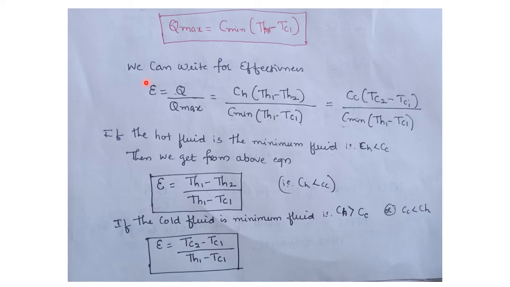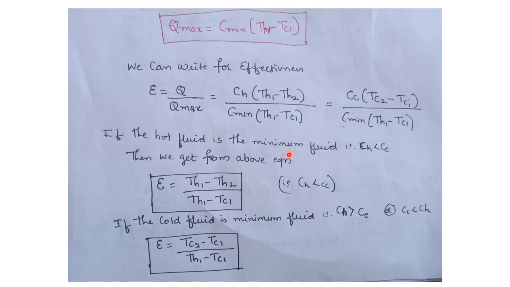Now we can write the equations for the effectiveness of the heat exchanger. Already we have written here that effectiveness is given by Q divided by Q maximum, where Q is given by CH into TH1 minus TH2, divided by C minimum of TH1 minus TC1. This will be equal to CC of TC2 minus TC1, divided by C minimum of TH1 minus TC1.